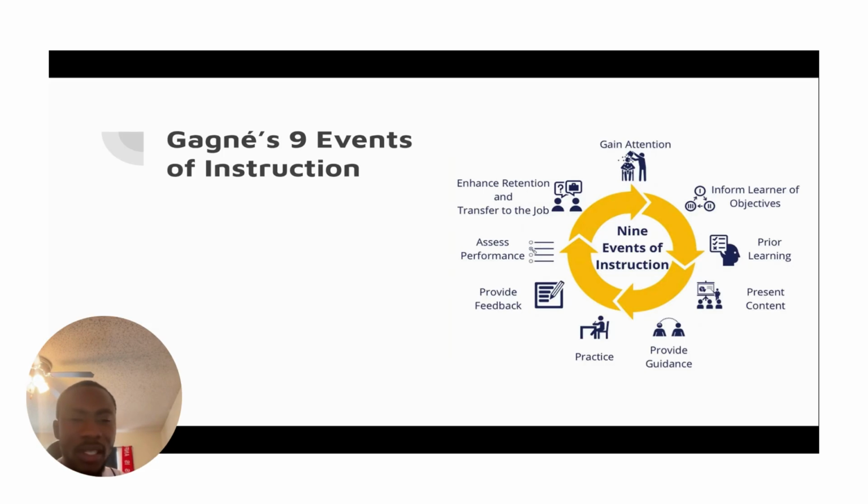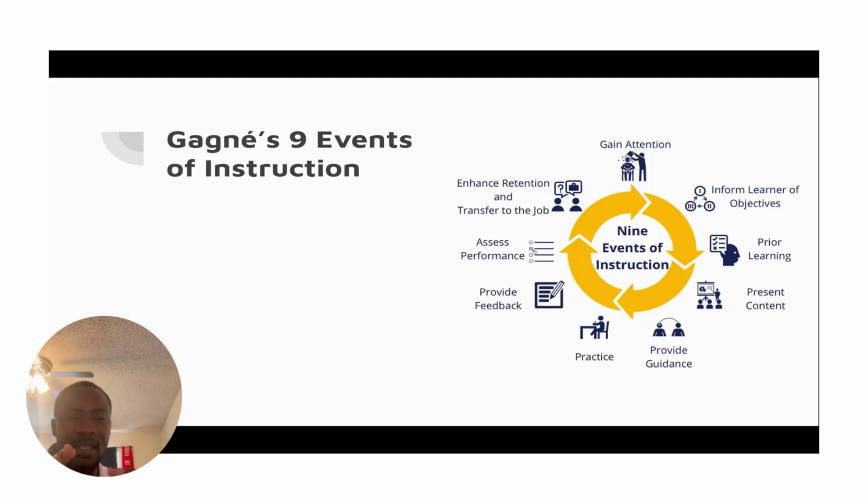Then as instructors, we present our content to them, we provide them with guidance, we help them in terms of mentorship or instruction to practice what we have provided them in terms of the content. We give them assessment, we take feedback or provide them with feedback for them to improve upon it. Then we enhance retention and transfer to the job. That is the real world application.